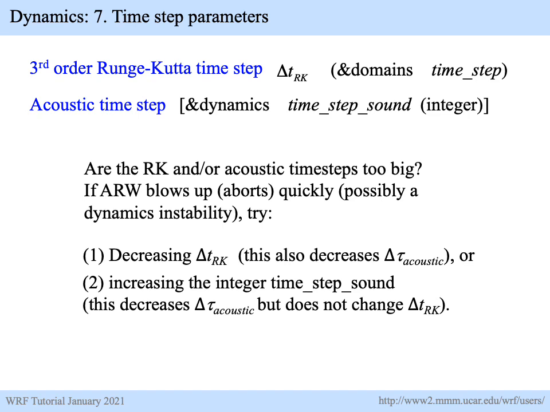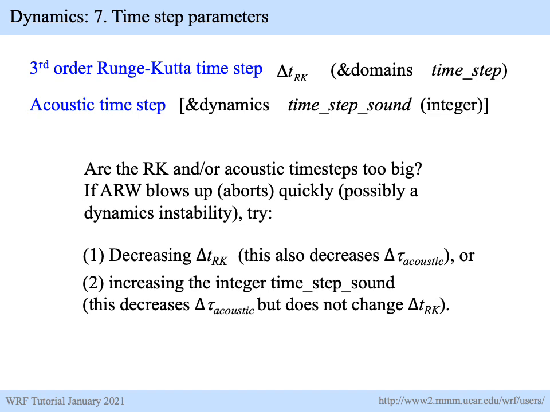And if you go back to the time splitting, you'll see how that works. This will decrease the acoustic time step, but it doesn't change the Runge-Kutta time step. If doing option number 2 gives you a stable integration, then that's a clear sign that it's an acoustic instability that caused the model to blow up. If doing 1 works, but doing 2 alone doesn't work, then that suggests that just maybe the Runge-Kutta time step is too big.